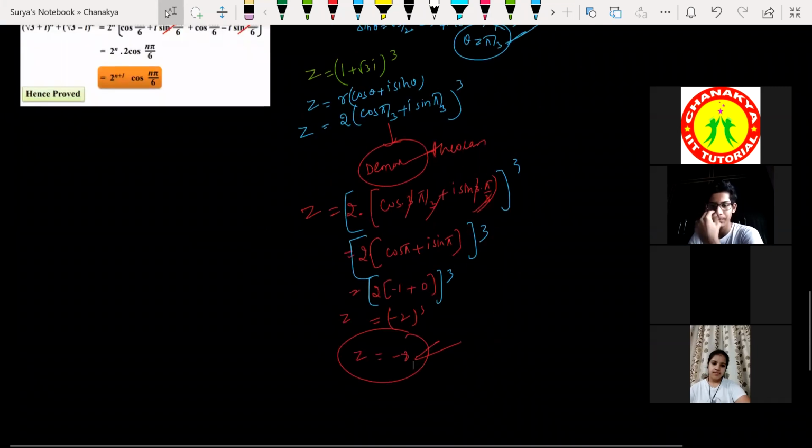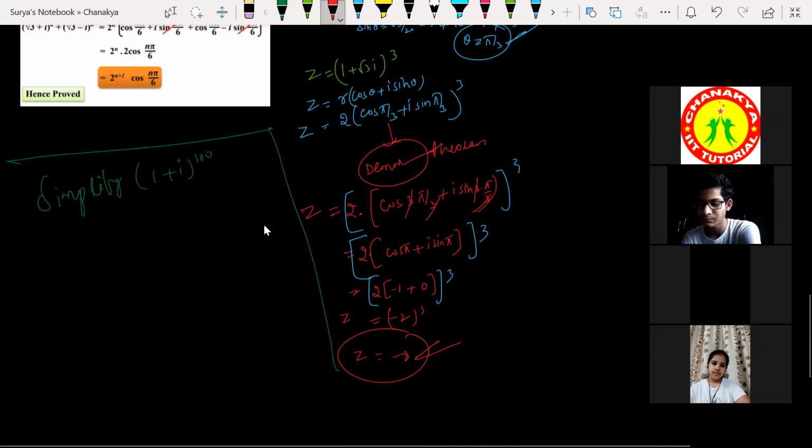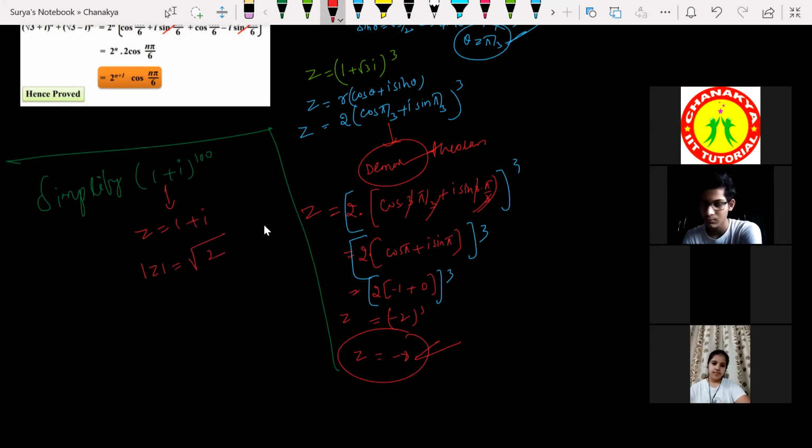Look at the next question. We'll solve the next question. Simplify (1 plus i) to the power of 100. Make it fast. Take this as z. Find the modulus of z, which is root 2. And z is r times (cos theta plus i sin theta).